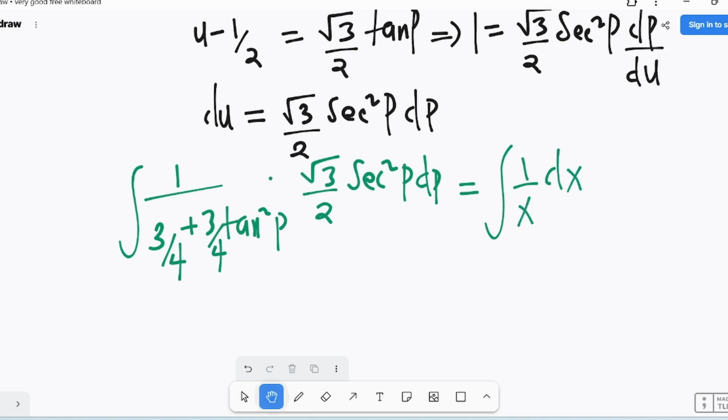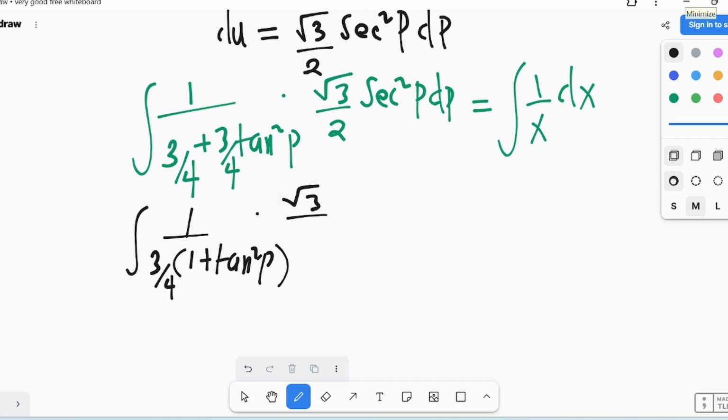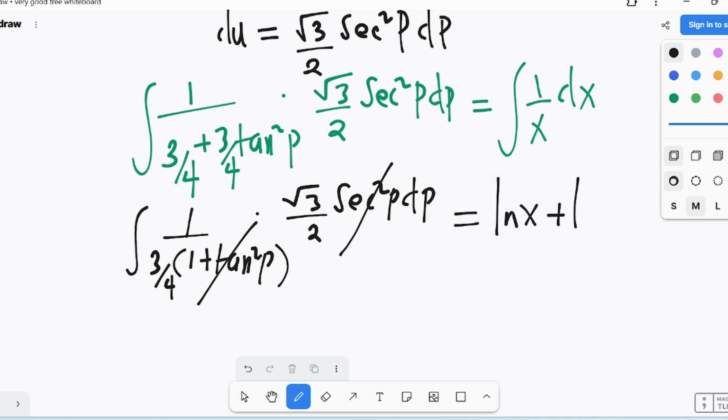So finalizing that, this is the integral of 1 out of 3 out of 4 into 1 plus tan squared p times root 3 out of 2 sec squared p dp. So this can cancel with that, and this is eventually ln x plus ln k.